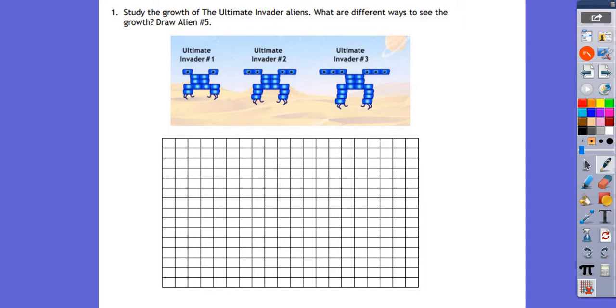Someone had said that they all have a 6-pack with 2 hip bones. So I'm going to draw first a 6-pack and 2 hip bones. That's what they all have the same.